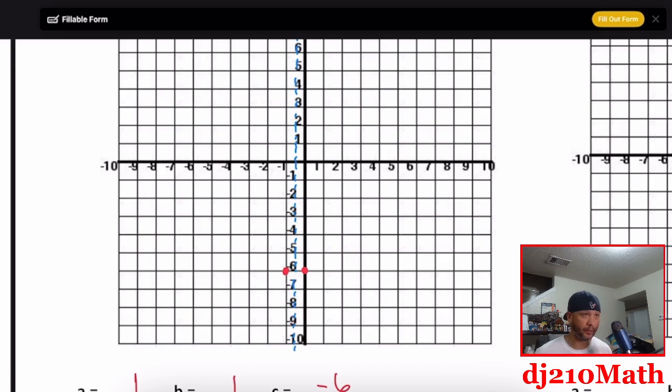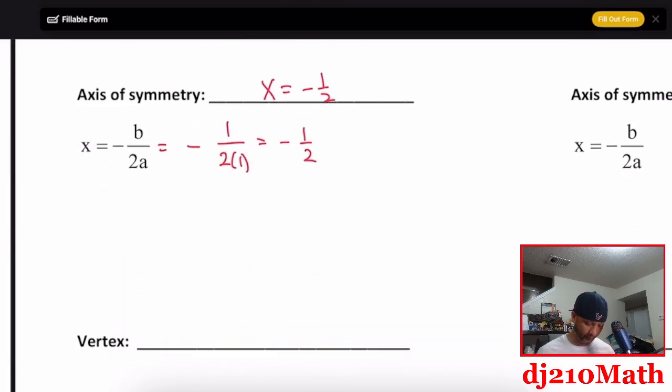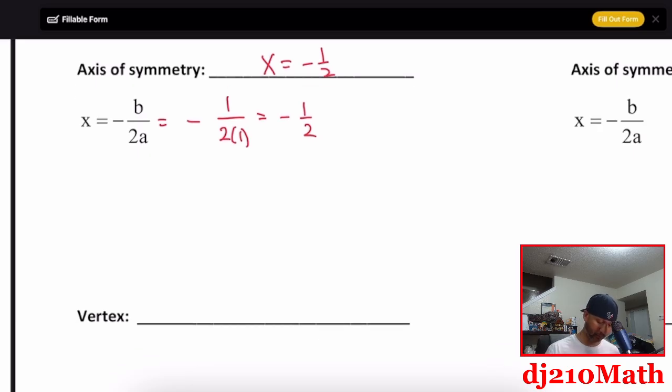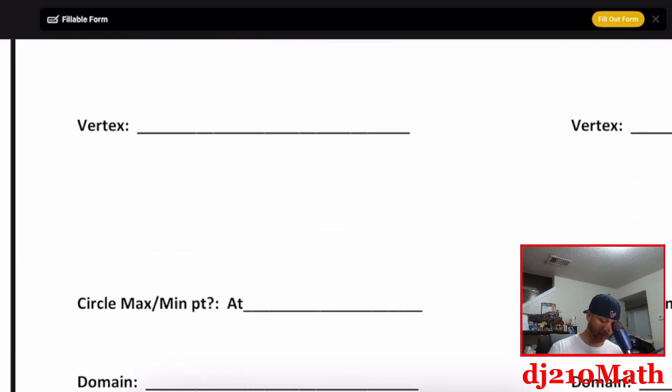Okay, this is going to be interesting. Let's figure out the vertex. 1, 1, negative 6. So I'm going to work this out right here. Right now I know that the x value is negative 1/2. Let's figure out the y value. So this is going to be x squared plus x minus 6.